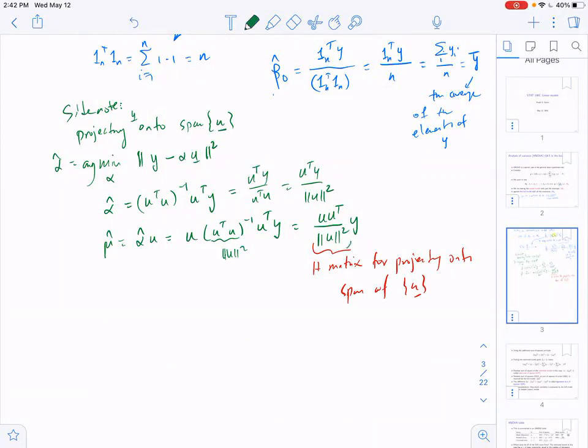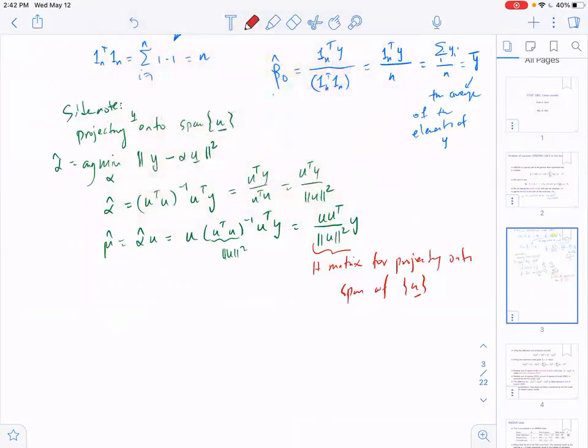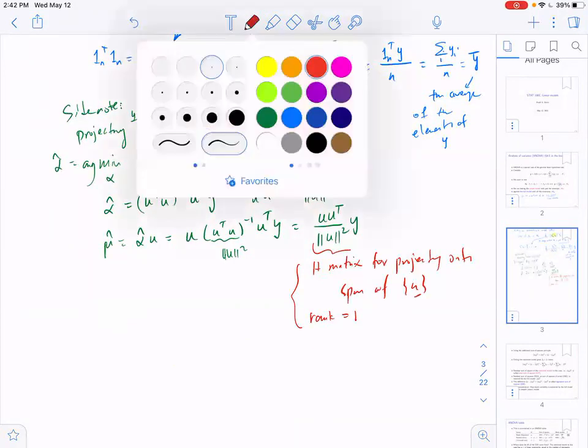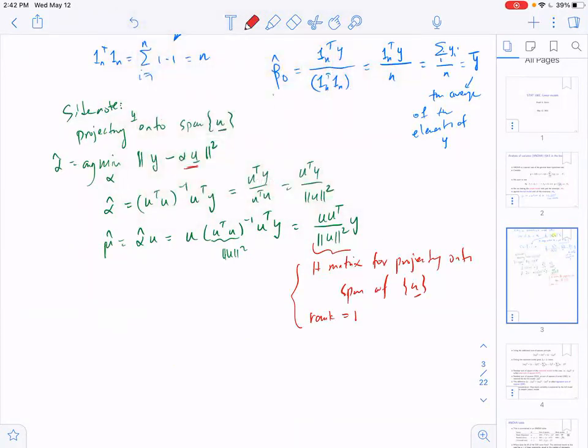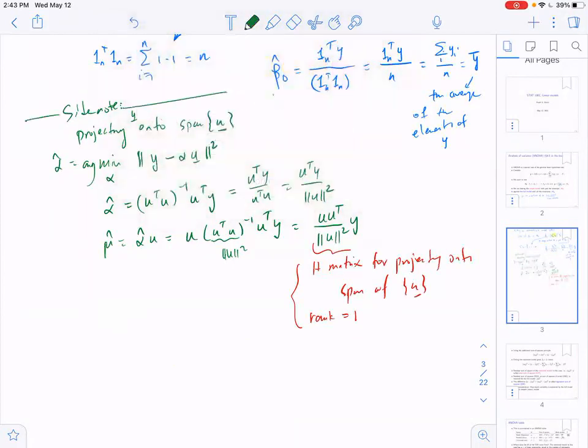You can multiply the vector by this matrix, which is a rank 1 projection matrix, because you're projecting onto a subspace of dimension 1. Whenever you do a regression with just a single covariate, that's the form of the least squares estimator. Okay, so that was the detour.